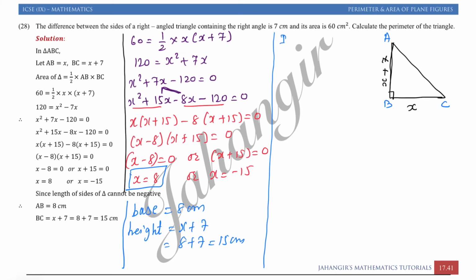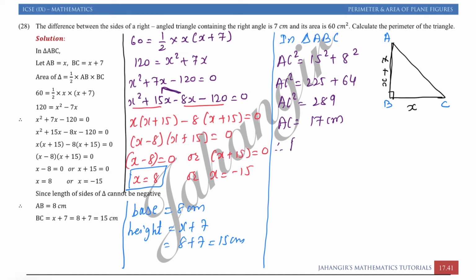So in triangle ABC, we can say AC square is equal to 15 square, that is height square, plus base 8 square. So AC square is equal to 225 plus 64. AC square is equal to 289. AC is equal to 17 centimeter.